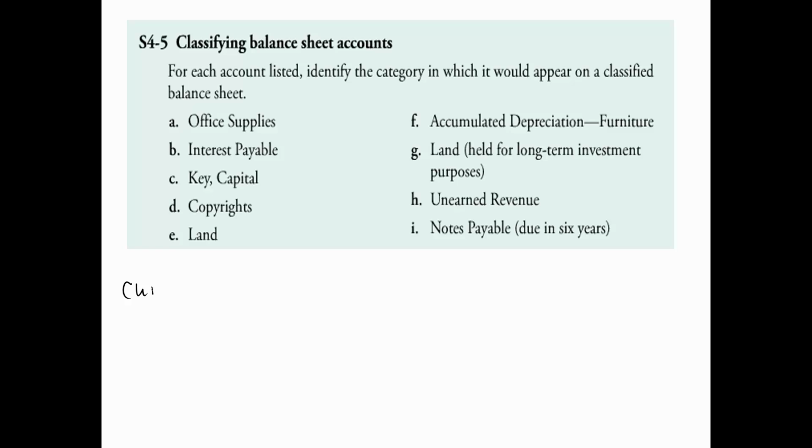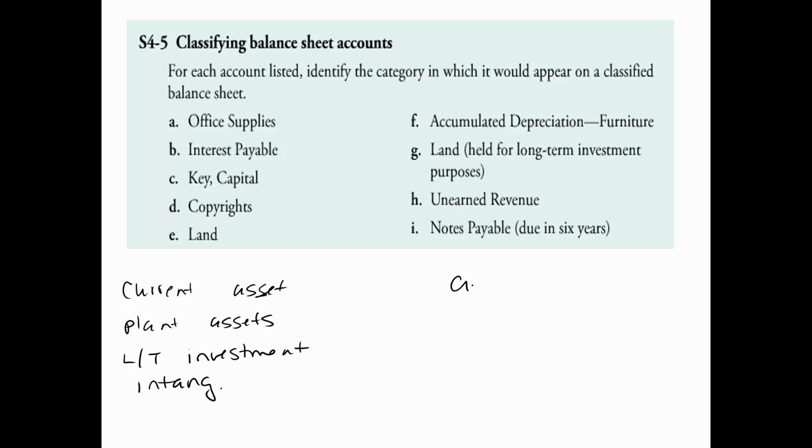So our categories are current assets, and then in the long term, we have the plant assets, we have the long-term investments, and we have the intangible assets, and then we have current liabilities, we have long-term liabilities, and then we have the equity.